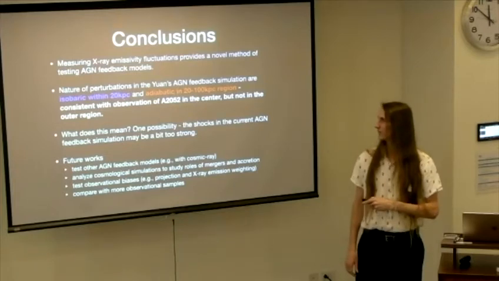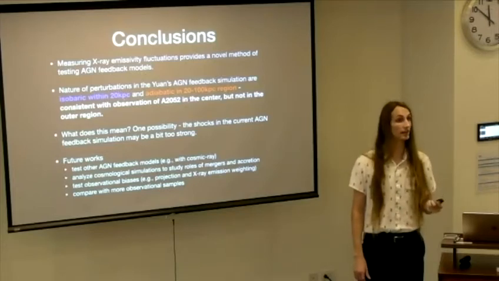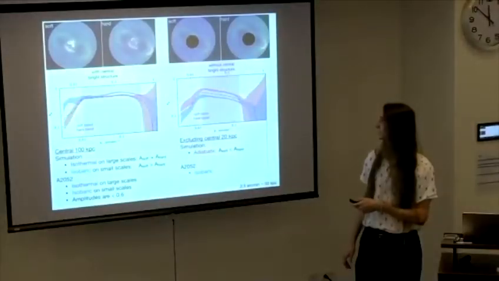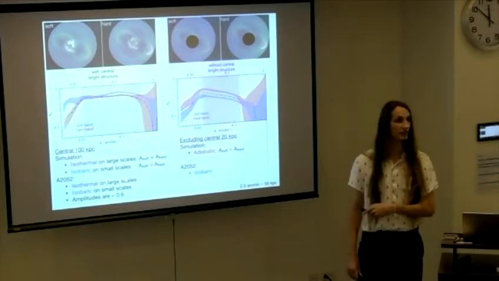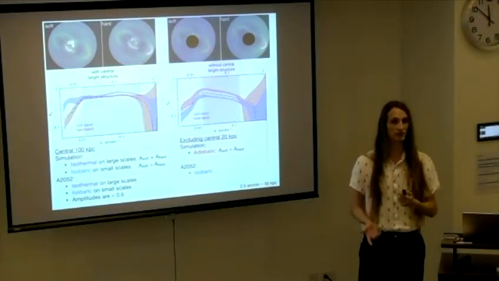And most importantly, this is consistent with A2052 in the center, but not in the, I didn't actually mention that. There's a big difference here in A2052. It's isobaric. So that's a discrepancy between the simulation and observation.